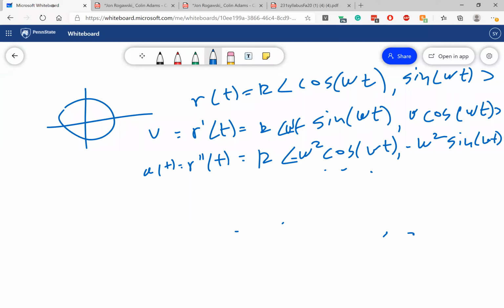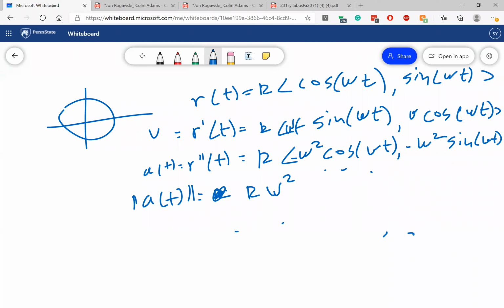So this would be our acceleration, and the magnitude of our acceleration is going to be equal to r from here, and omega squared from here.